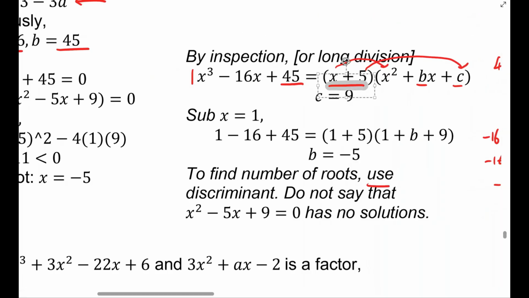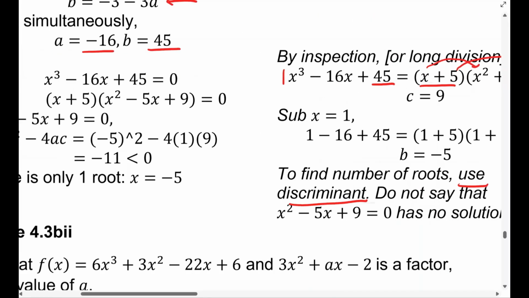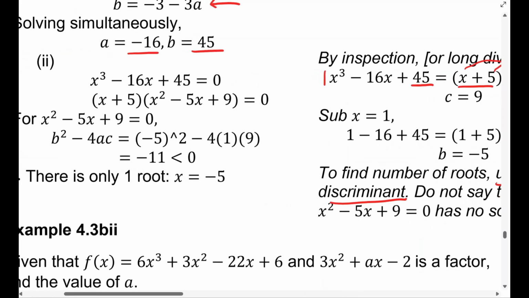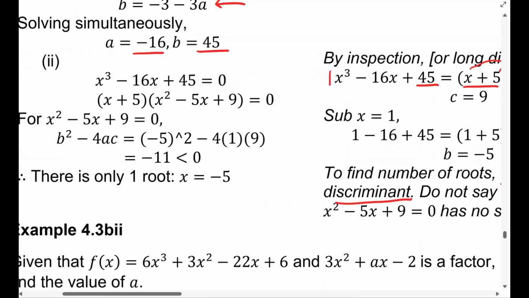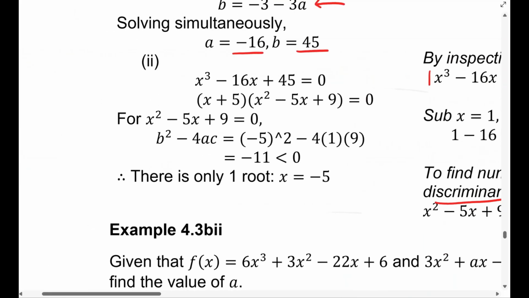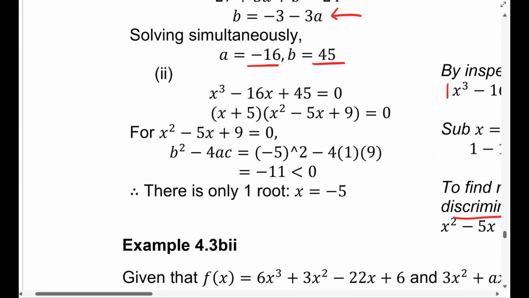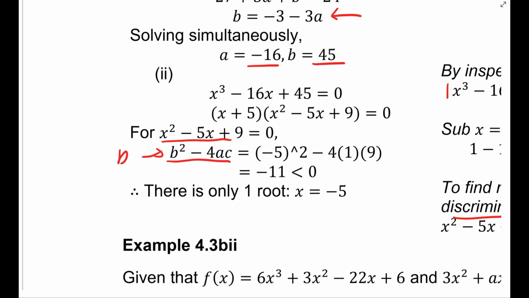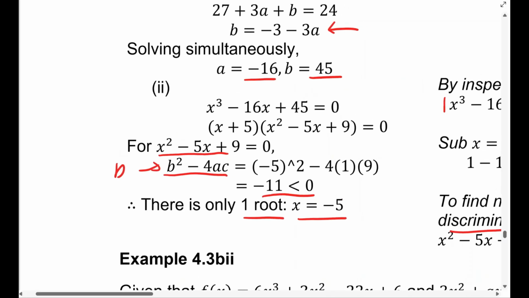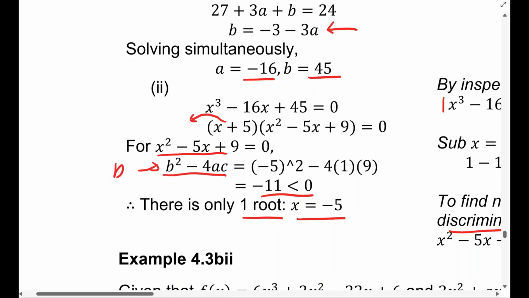You have to use the discriminant and show that the discriminant is less than 0 to prove that there are no solutions. So for our quadratic factor, we use the discriminant b squared minus 4ac. This is the discriminant formula. And then we have to show that it is less than 0. Therefore, we'll state that there is only one root, which is x equals minus 5 from this factor.